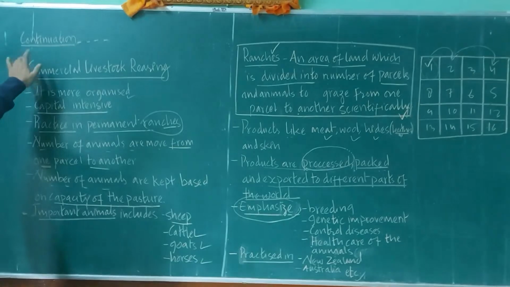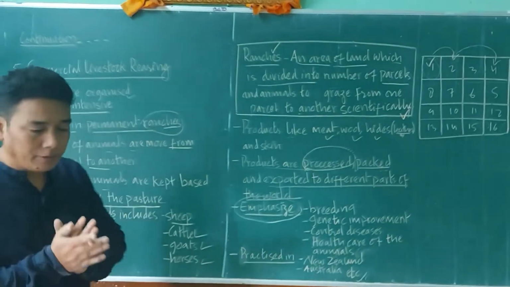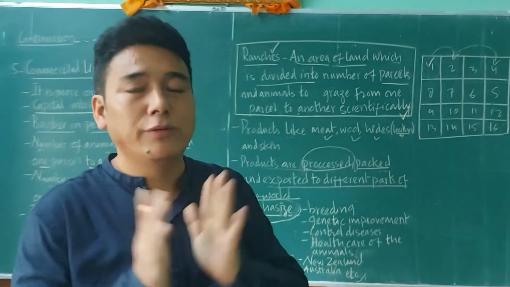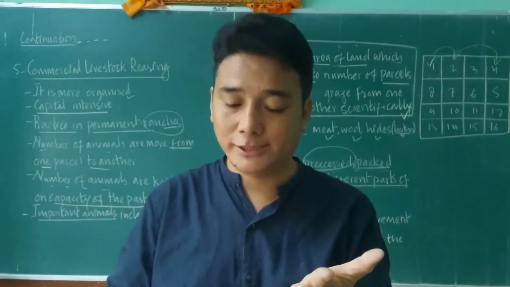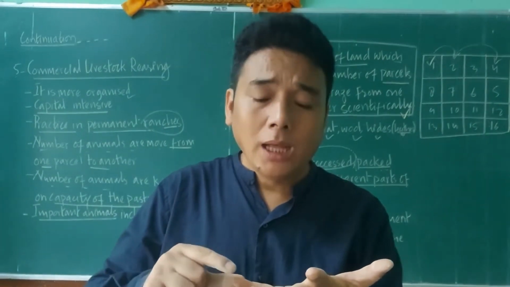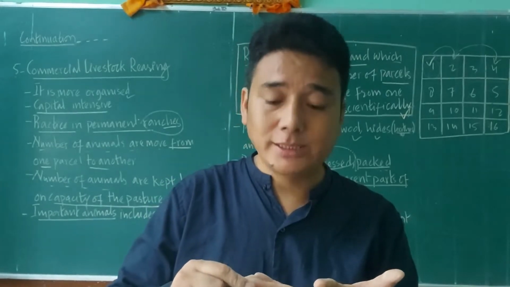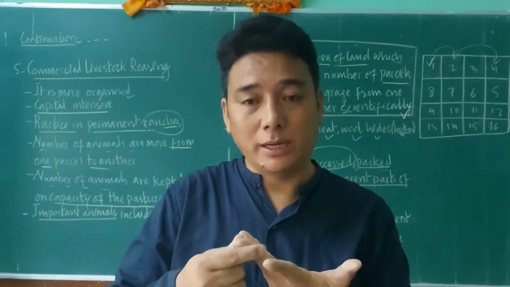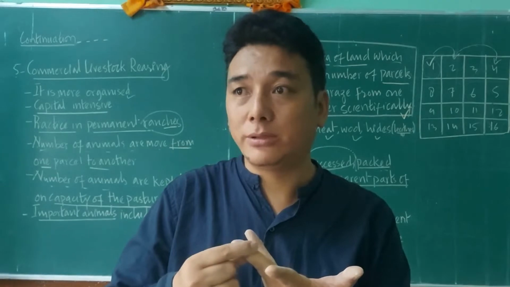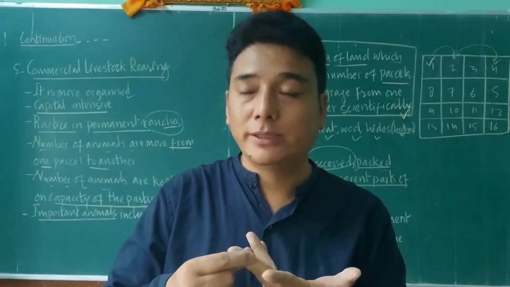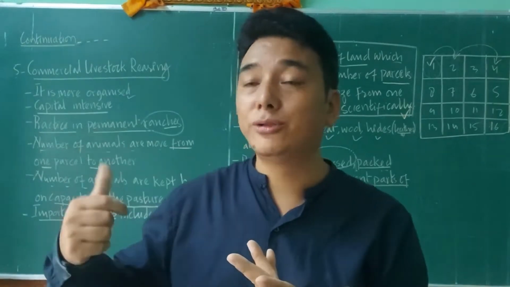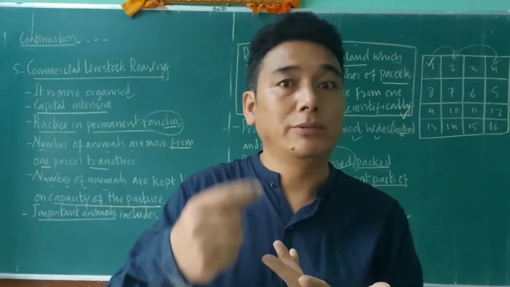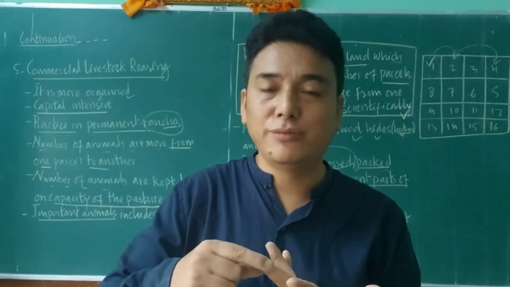Now we shall continue with the primary economic activities. Till now we have finished the important primary economic activities: hunting, gathering, and pastoralism, and under pastoralism there are two types, nomadic herding and commercial livestock raising. I'm going to give numbering so that it will be structured and easy for you to understand.